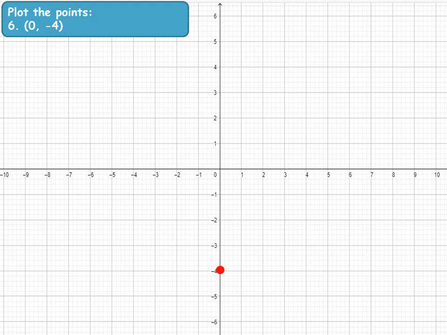If the 0 is on the x-axis, that means that you plot the point on the y-axis. If the 0 is on the y-axis, that means you plot the point on the x-axis. Alright, and this is how we plot points.